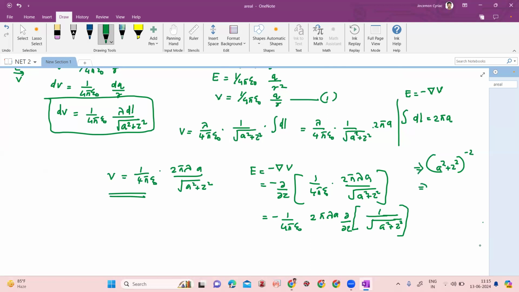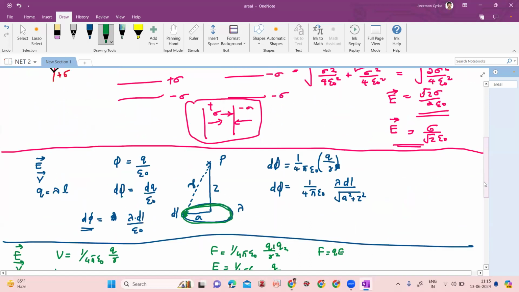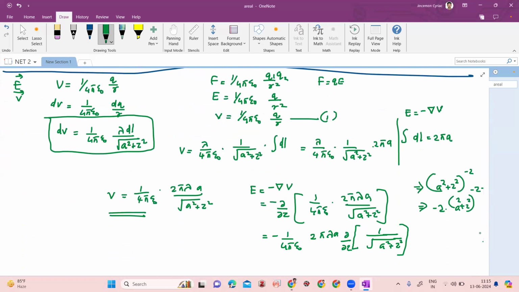Hence the differential becomes n into a square plus z square raised to n minus 1, with n equal to minus 1 by 2, so minus 1 by 2 into minus 1 by 2 minus 1. That is equal to a square plus z square.